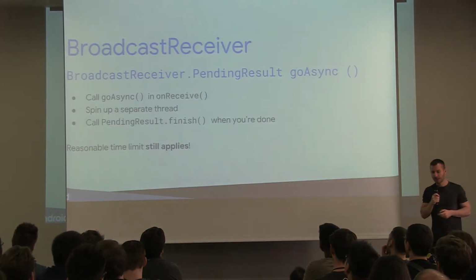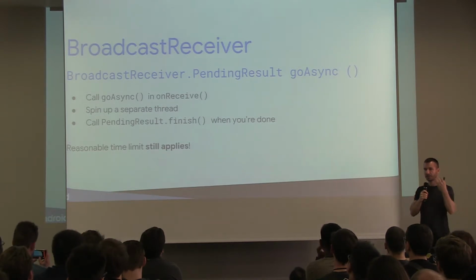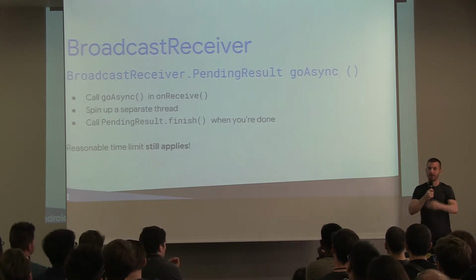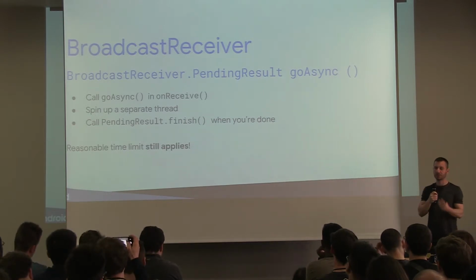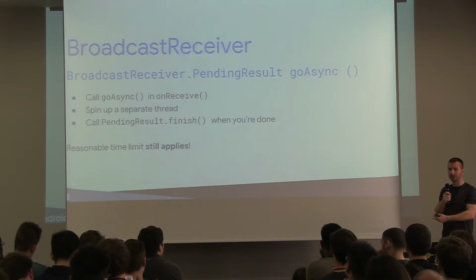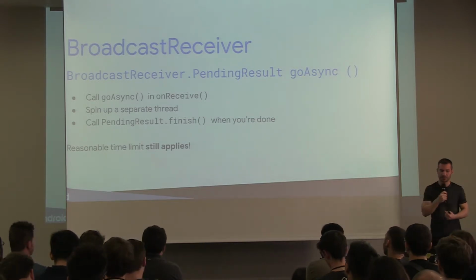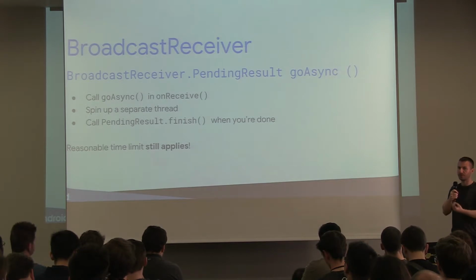So what to do with it? Well, broadcast receivers are supposed to be very simple components. You get a broadcast, which notifies you about something, and then you either show a notification to the user, or you schedule some work to be done later, like not right now. But sometimes, even to show this notification, or to schedule this job that will happen in response to some broadcast that you receive, you might need a tiny little piece of data, either from the network or from the disk.